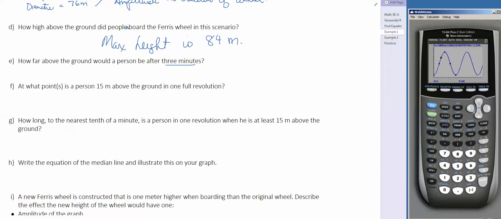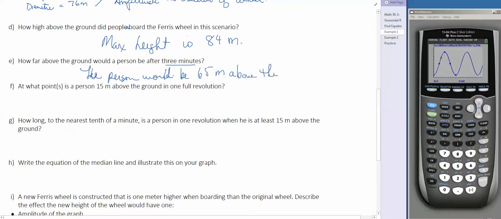That's probably very hard to see, but it's 65 meters. So the person would be 65 meters above the ground after 3 minutes.